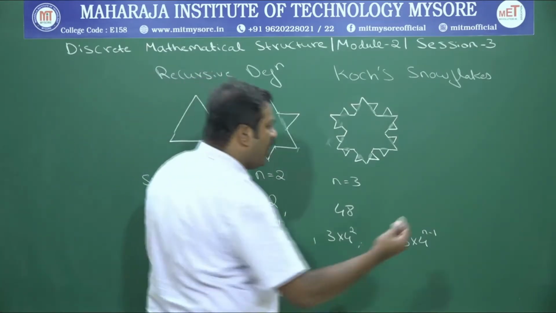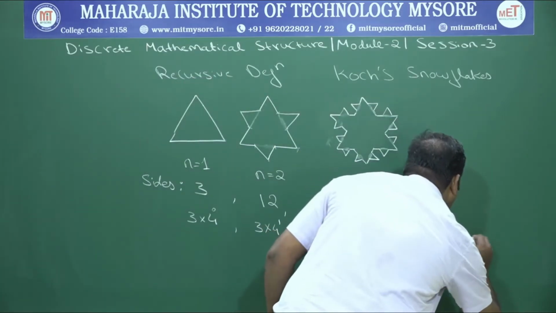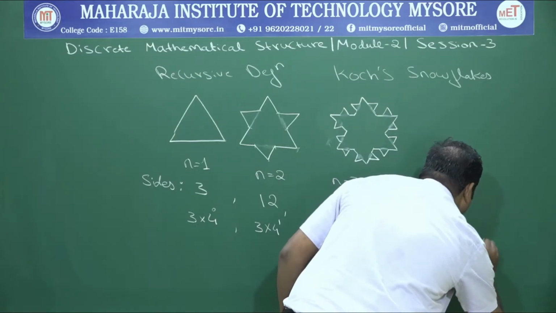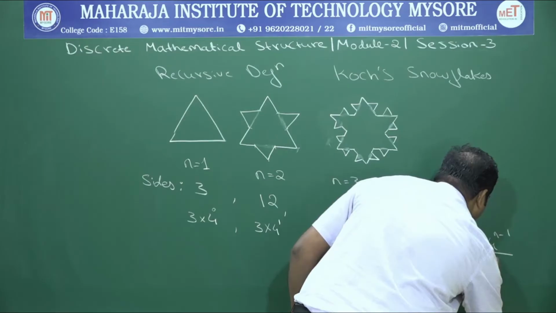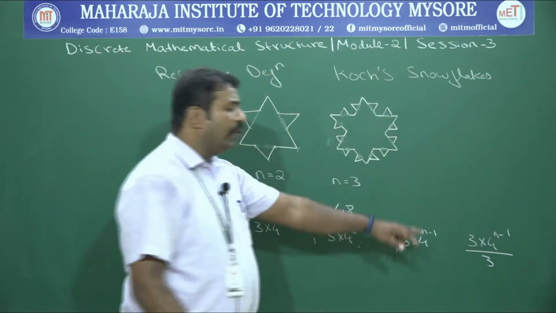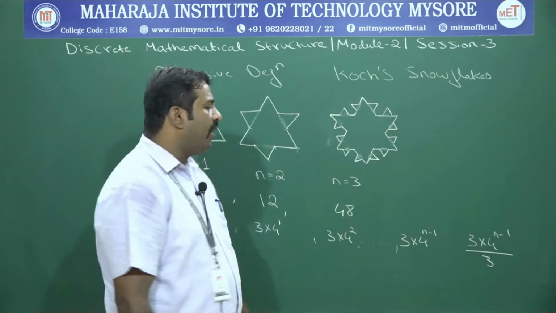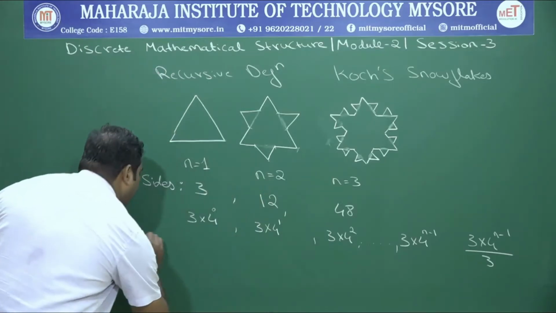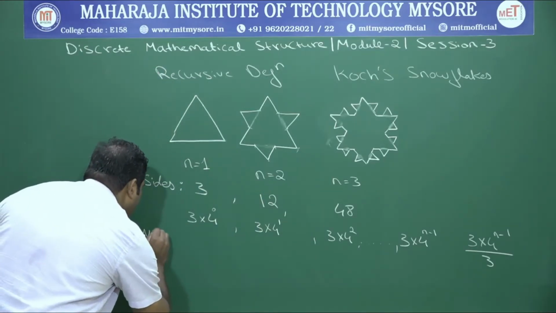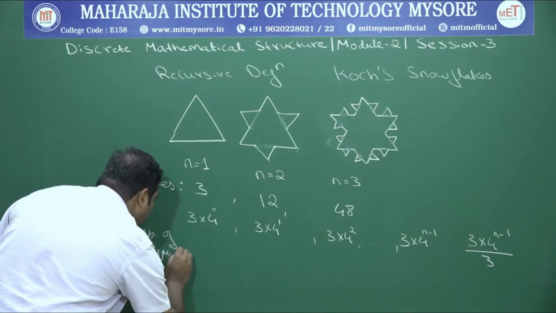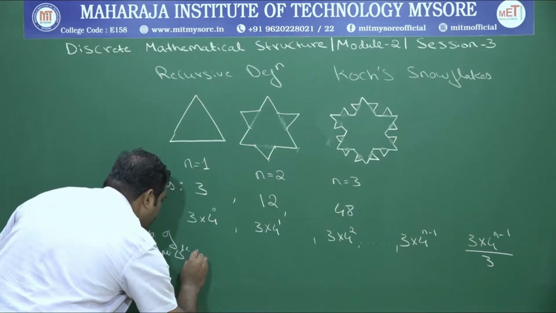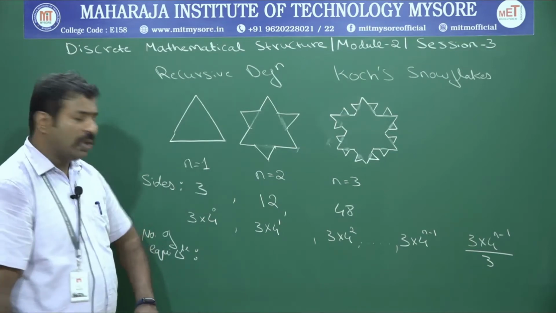hence in general, the formula I can use, 3 into 4 to the power of n minus 1 divided by 3, is going to give me the number of equilateral triangles. Now how many triangles is it going to be?